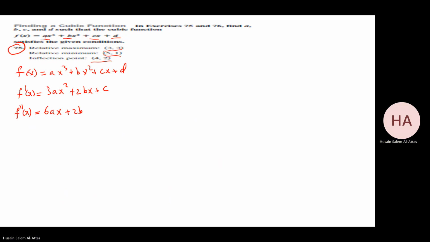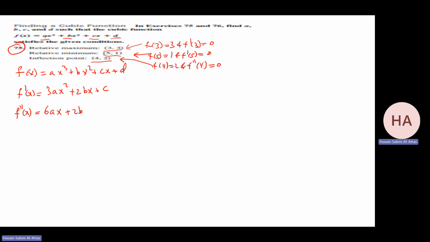From this, I have f of 3 equals 3, and f prime at 3 equals 0. From this, I have f of 5 equal 1, and f prime at 5 equals 0. From this, I have f of 4 equal 2, and f double prime at 4 equals 0. This is what I have.